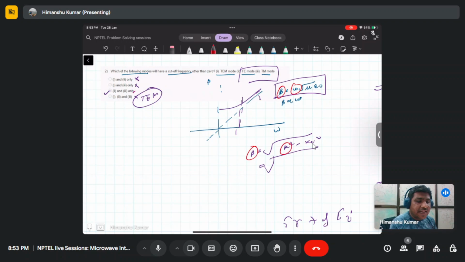So the TE and TM modes have a non-zero cutoff frequency, while the TEM mode passes all frequencies. So the correct answer will be the third one.